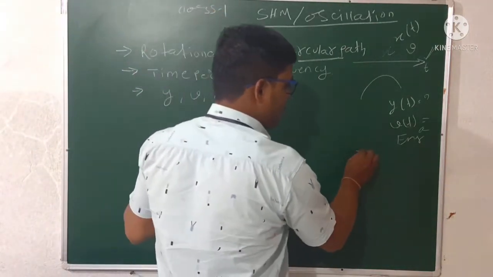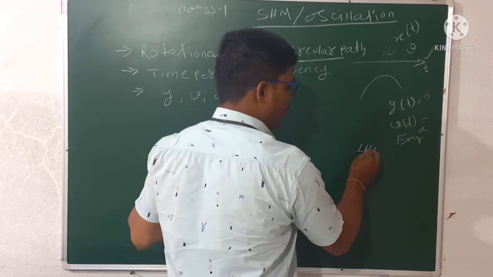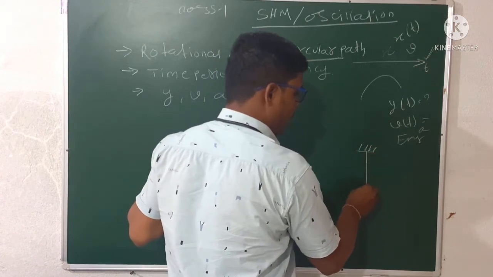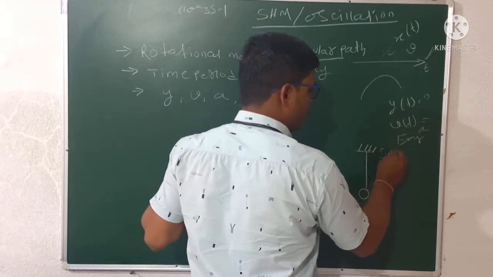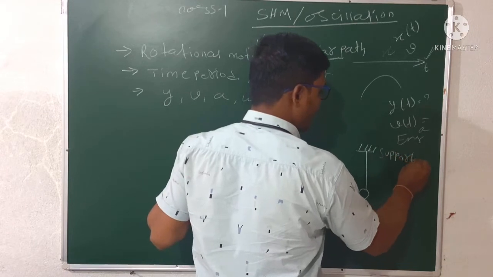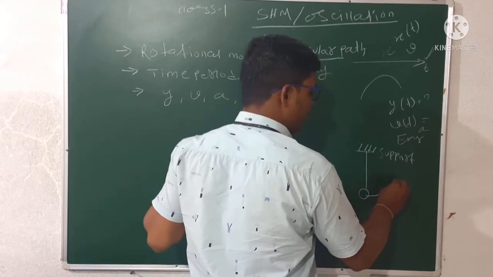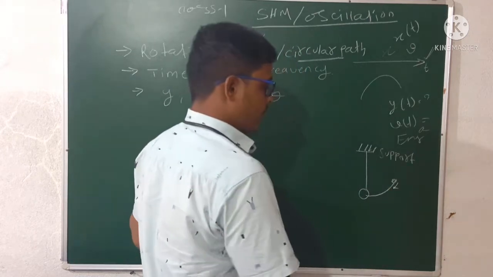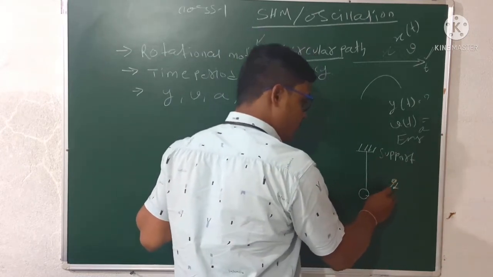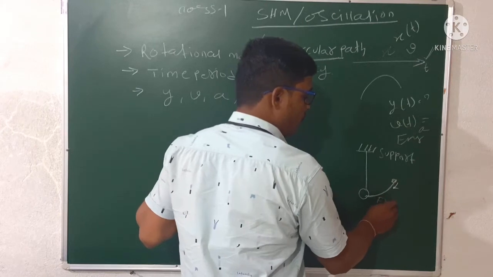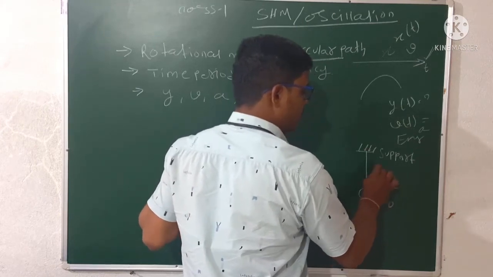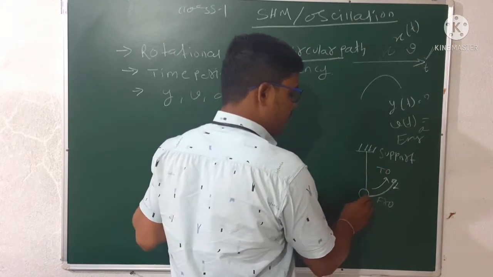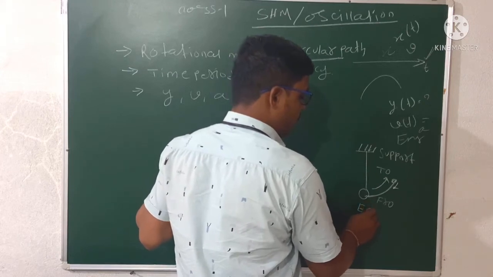That means if this is a rigid support and this is a pendulum, we keep it at a distance and then drop it. Okay, then release it. When it is moving downward, that is called pro. When it is moving upward, that is called 2, and this is called the equilibrium position.